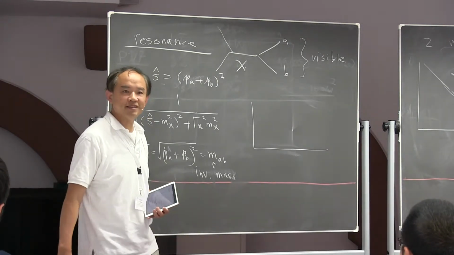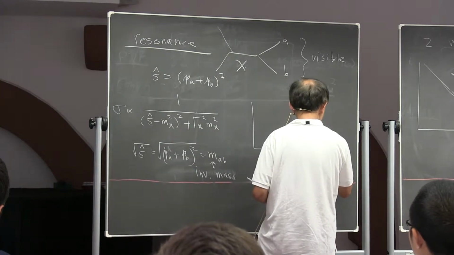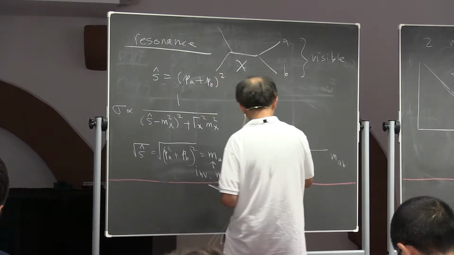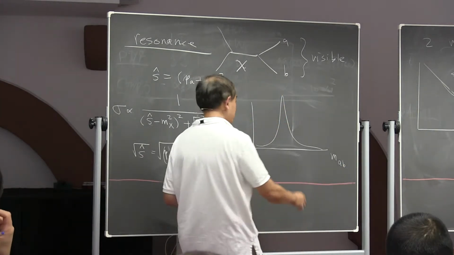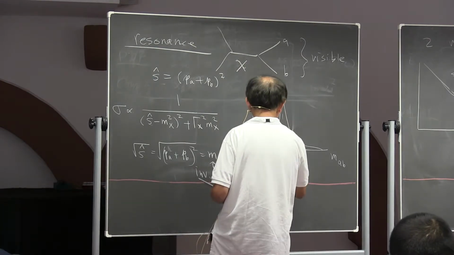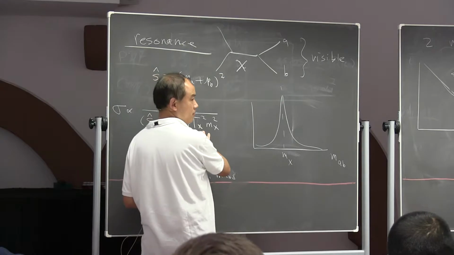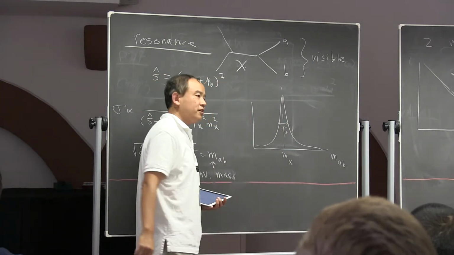So if I make an MAB distribution of this, it looks like this. Centered on mX, and this is the width of the particle. Ideally, it tells you how broad this Gaussian is.